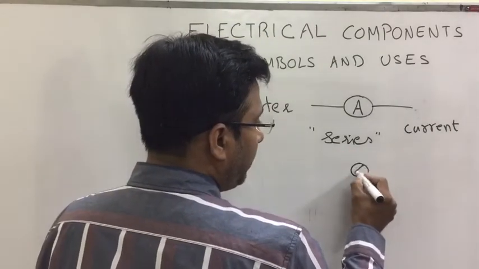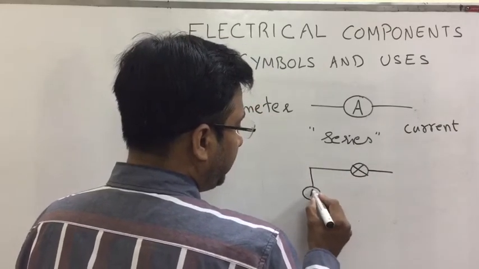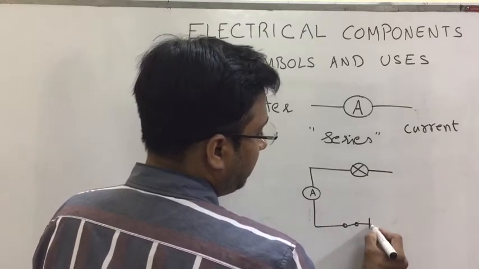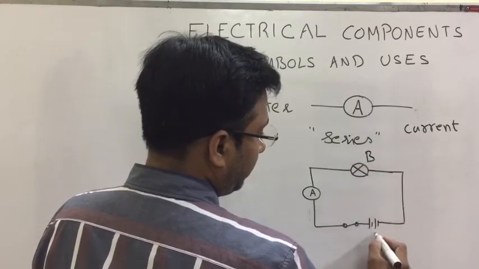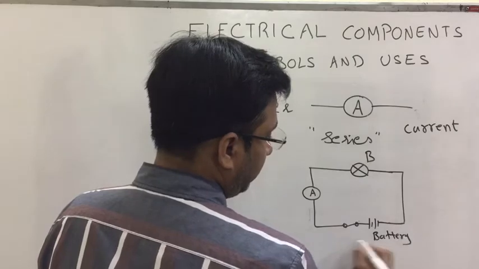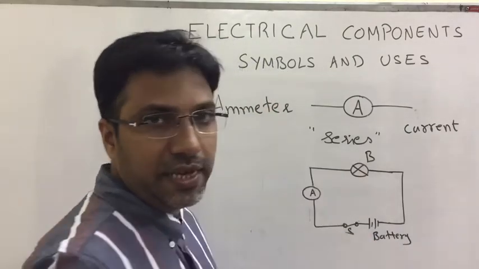For example, this is bulb and here ammeter, then switch, battery. Here ammeter, it is connected in series.